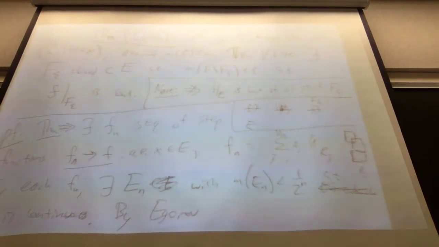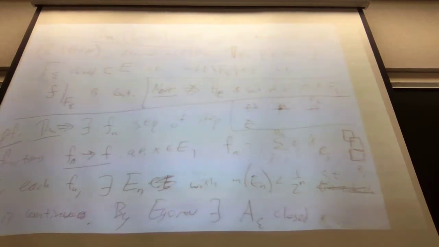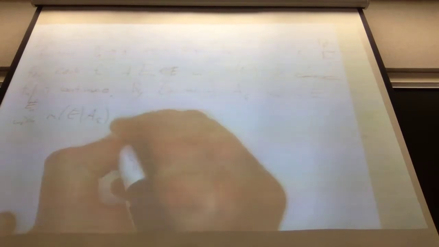We just proved that there exists a closed subset of E, A epsilon, with measure at most epsilon, and the f_n converge to f uniformly on this A epsilon.